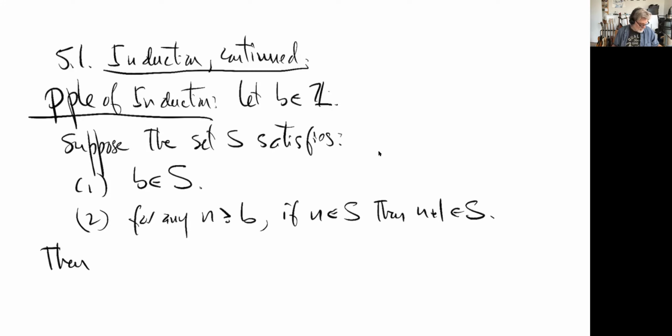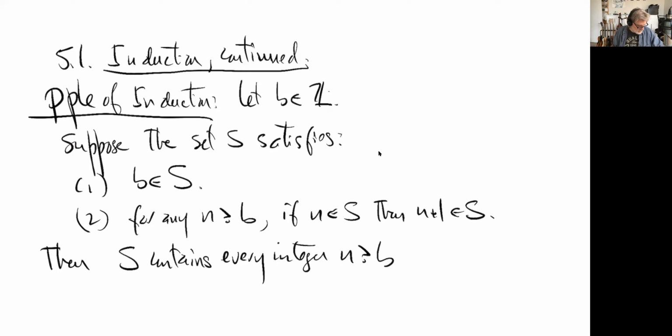Then S contains every integer. I realize now I didn't state it in this form yesterday. I'll just restate it with the property version. So S contains every integer n greater or equal to B. Okay, it could be bigger, but that's irrelevant for us.